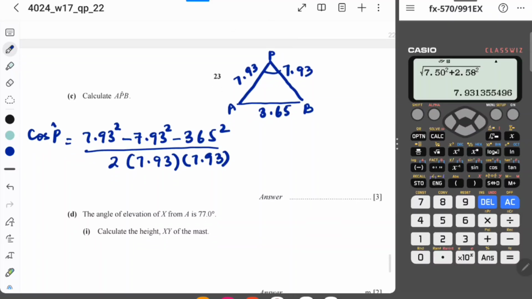Either you find this value, or directly find P equal to cos inverse, but it's a 3 mark question, so we are calculating this.